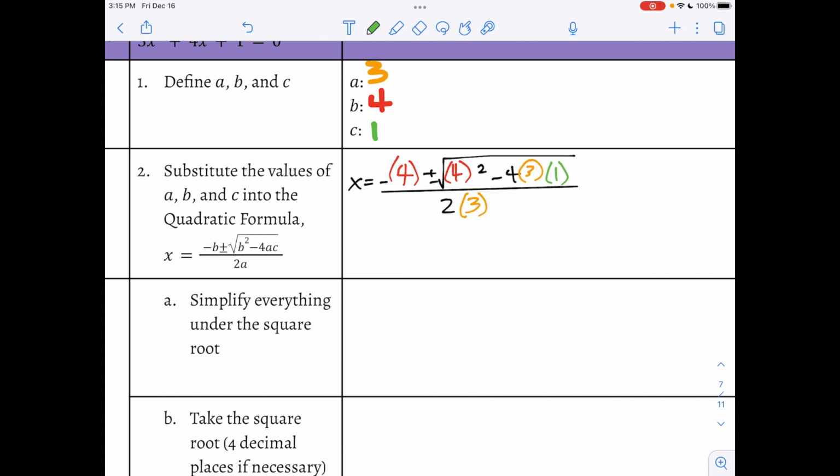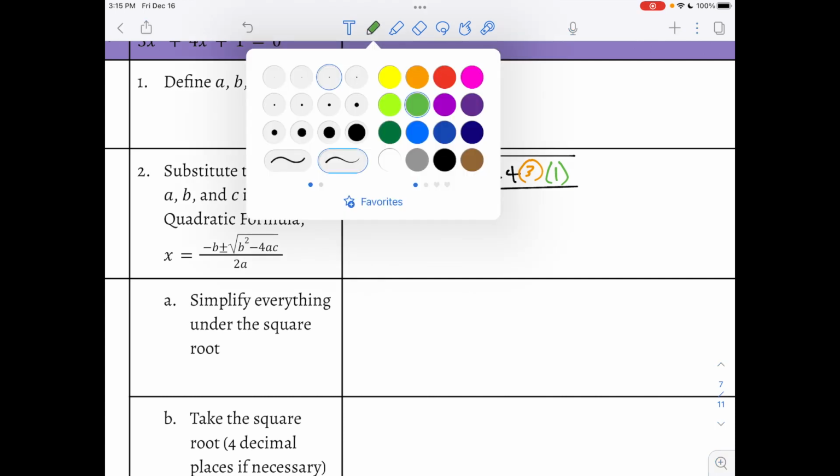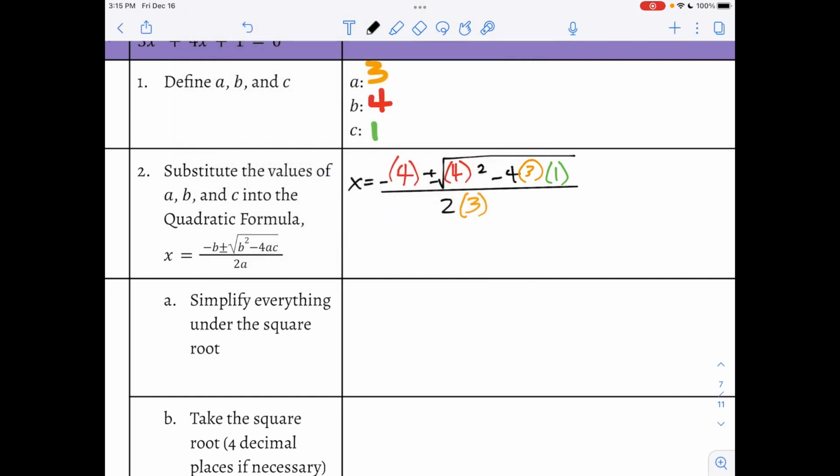Okay, we've substituted in. Now we're going to simplify everything under the square root symbol. Everything else is going to travel down. As I am traveling things, I'm going to get rid of as many of these parentheses as possible. So I can drop the parentheses around the 4.